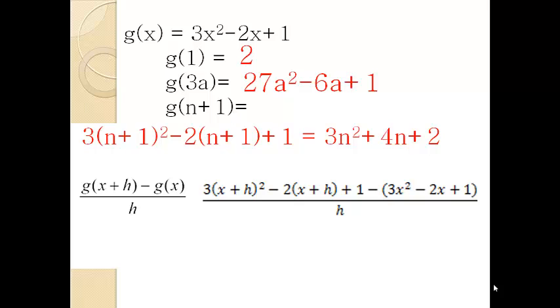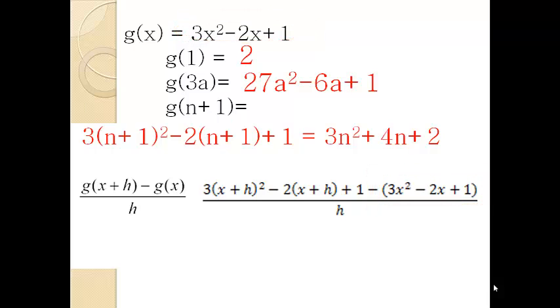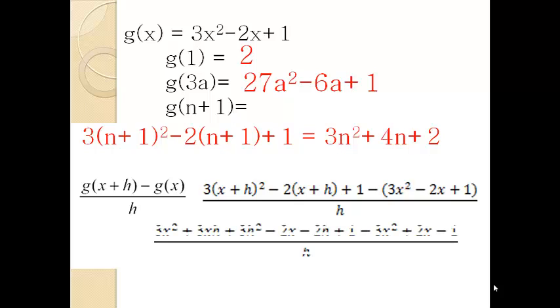So that last parentheses is where I subtracted the original function. Now I have to simplify. So x plus h, I'm going to square that by foiling it. Then I'm going to distribute the 3 and distribute the negative 2 and distribute the negative 1. And I get this. And then finally, I'm going to simplify by crossing out, by combining like terms.